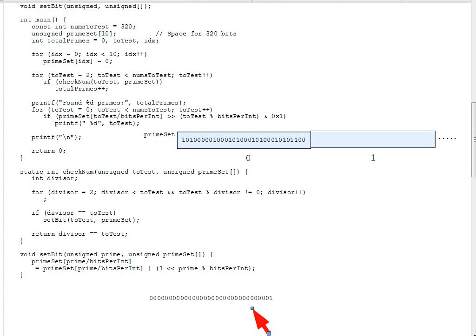Thus, if we were to shift it left by, for instance, 21 positions, then we would have a value with 21 zeros after the 1. You get the picture, and it would look approximately like that.